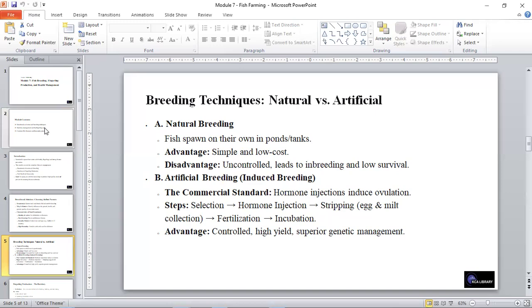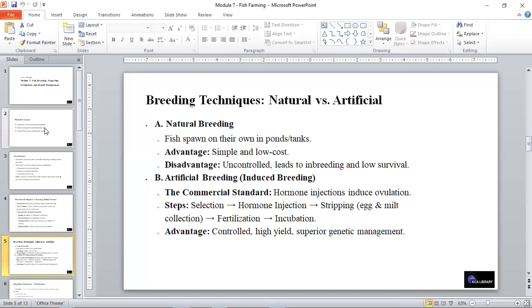After injecting hormone, you strip the egg and you collect the milt. So when you do this too, you fertilize on your own. The farmer fertilizes the egg, and lastly, it moves to the incubation process.